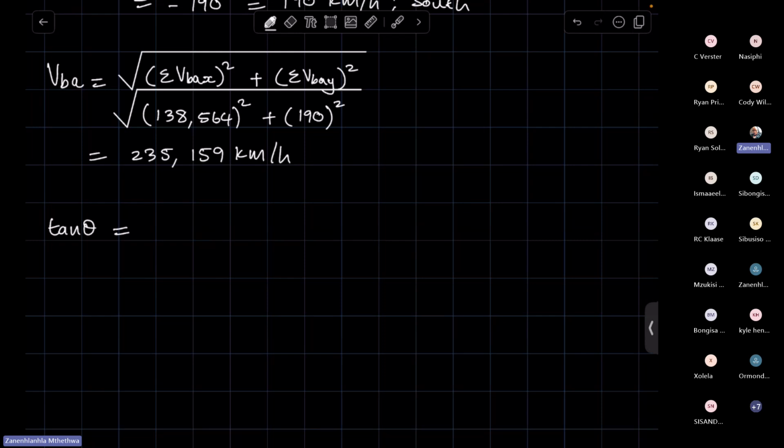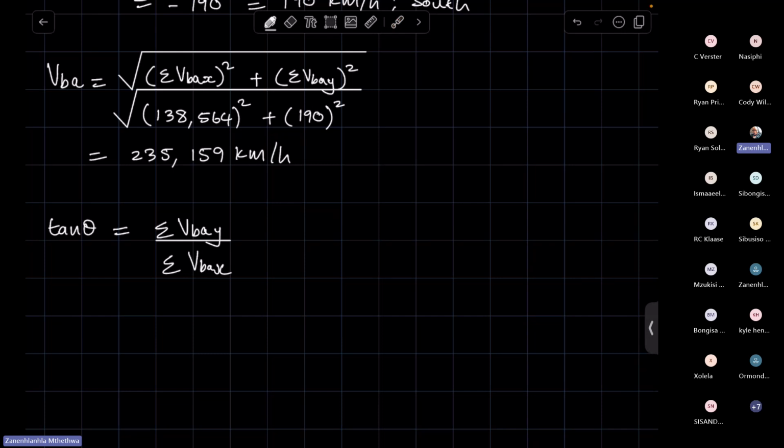Because we are using velocity, this will be the sum of VBAY divided by the sum of VBAX. So if you use this, the angle that you're calculating is referenced from the x-axis.